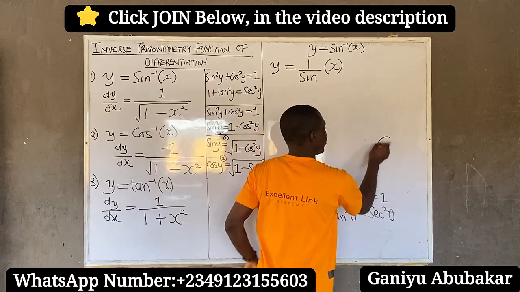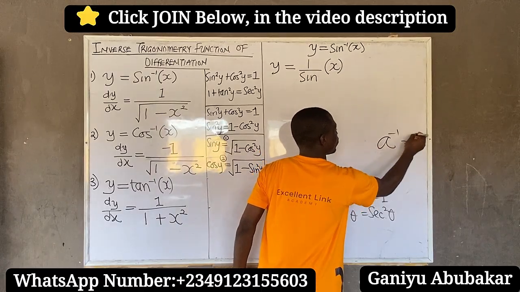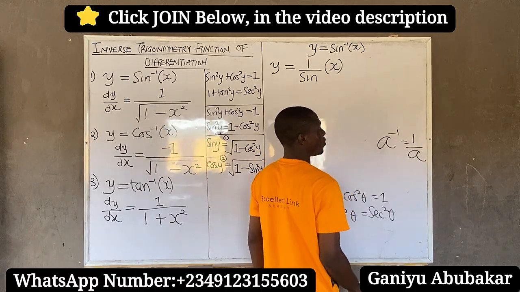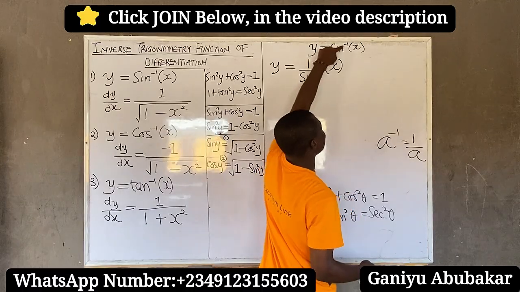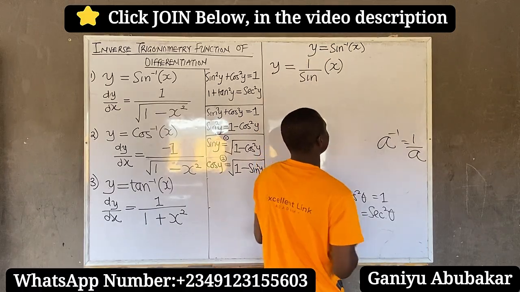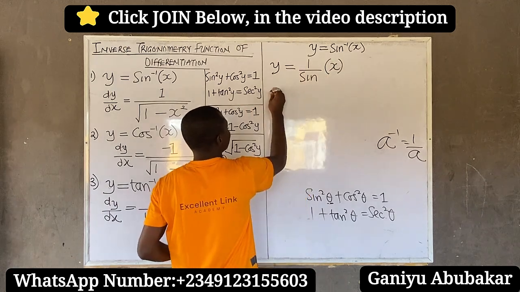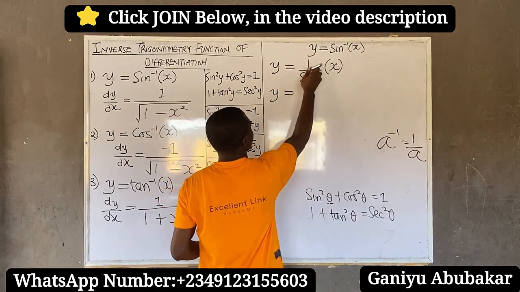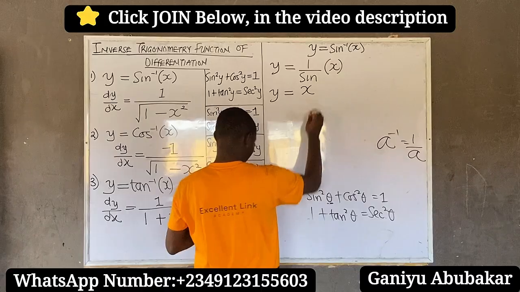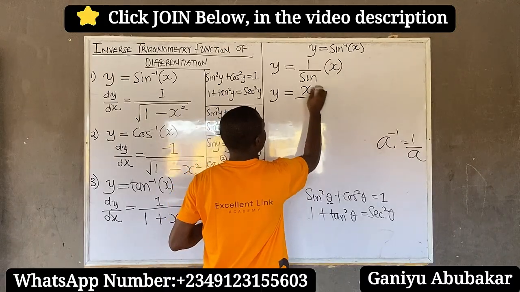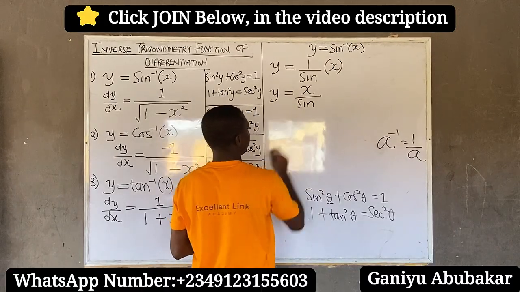If I have a to the power of minus 1, it means 1 over a, right? Indices. Similarly, sine inverse means 1 over sine, then x. So 1 times x gives you x, so I'll have that y is equal to x all over sine.